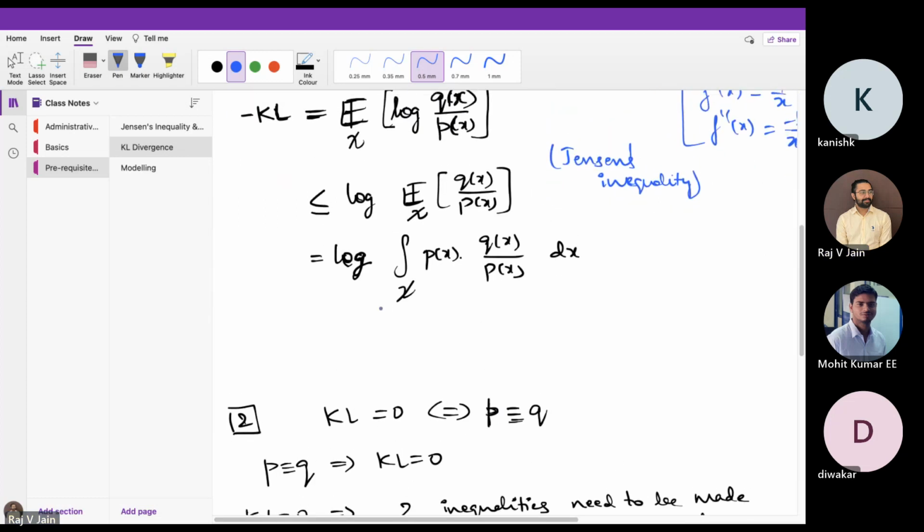So anyone want to take a chance? P of x will get cancelled. I'm sorry? P of x will get cancelled. P of x will get cancelled. But what if p of x is 0? I can't take 0 by 0.